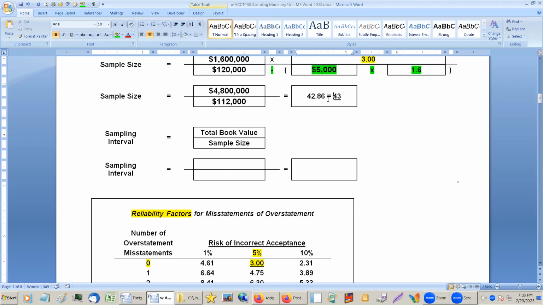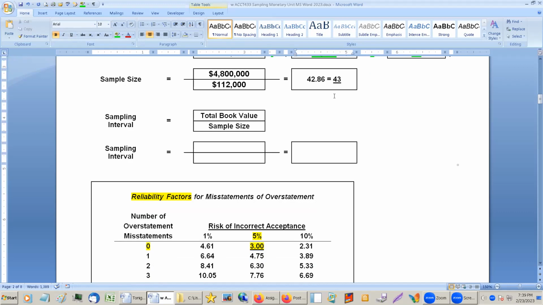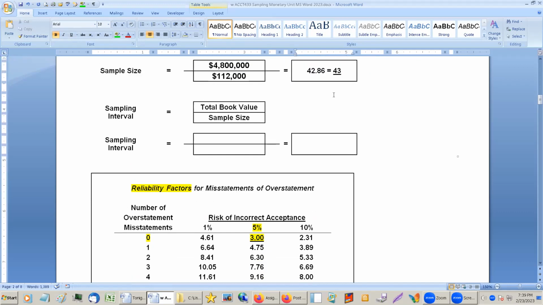You're trying to get evidence. You don't want to go into court and say you rounded it down. It just gives you a little bit more of a margin of error, but the true method is you round it off to the nearest amount, so you can't take 0.86 of an item. So round it off to the nearest whole number, and that is the sample size.